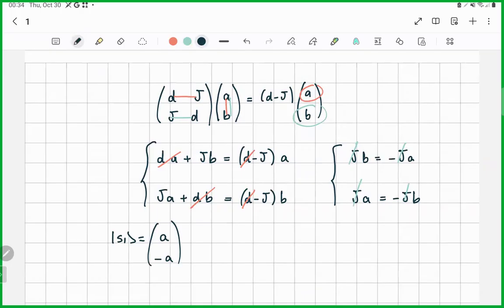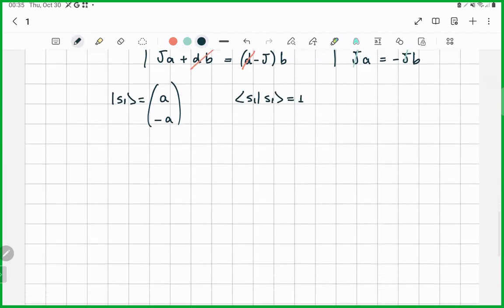What is next? We still have to find A. And when there is only one unknown in the story, we go to our last resort, which is normalization. This has to be one. So let's write the ket, and the bra, this part here.